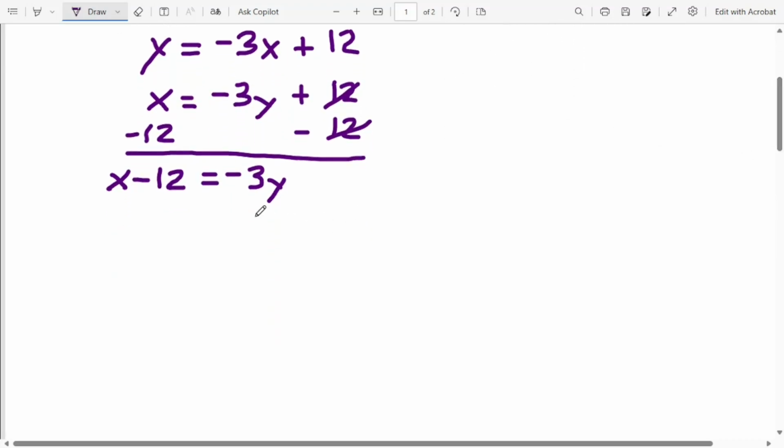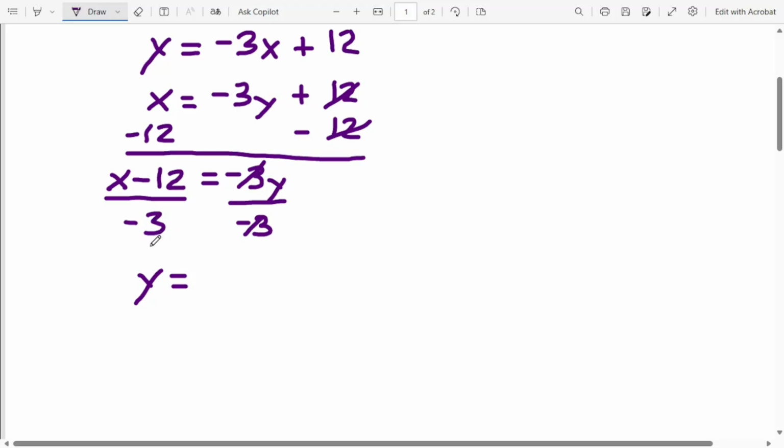Now I want to divide by negative 3. These will cancel, and I'm just going to move the y over here. So I get y equals x minus 12 over negative 3.